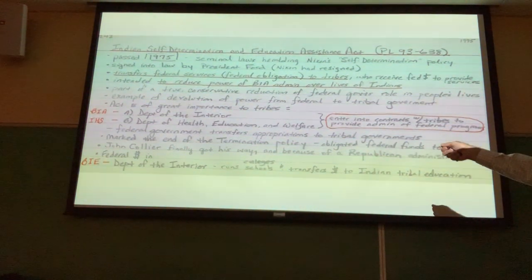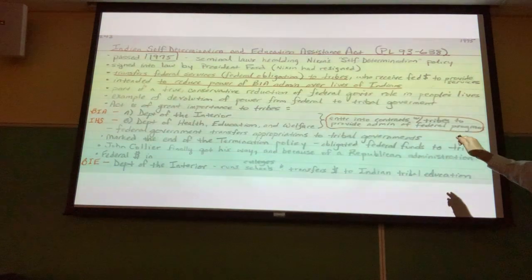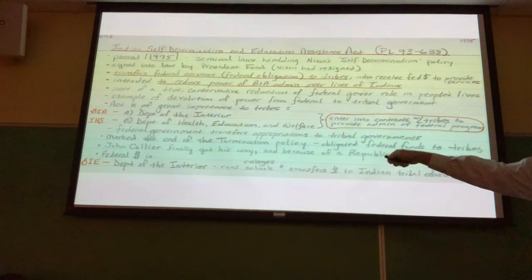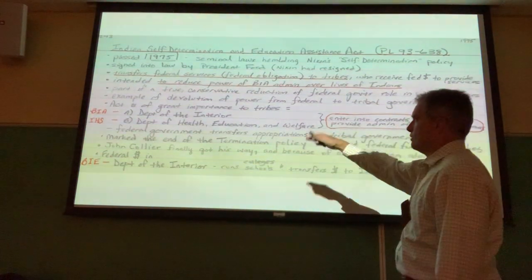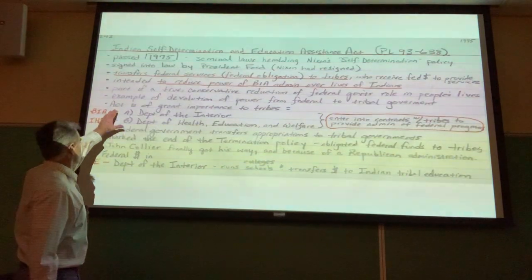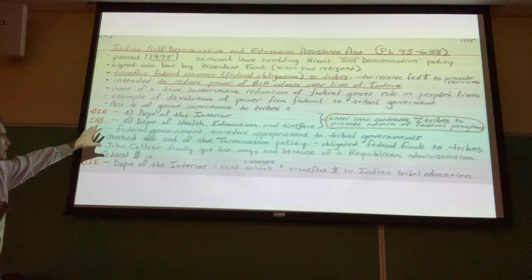So that's the theoretical side of that. An example of devolution of power from federal to tribal government. And there's a lot of reasons why this particular law was so significant.